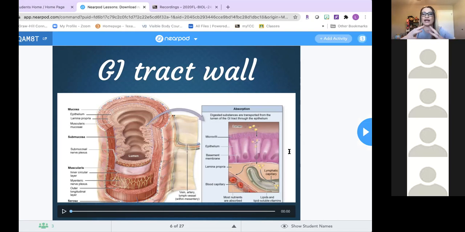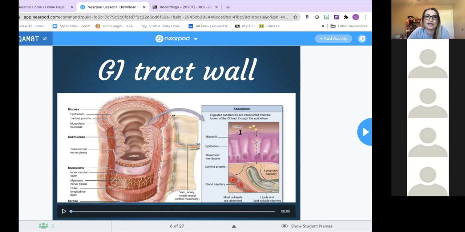So we'll see that when we look at the small intestine specifically. When the muscularis mucosae contracts, it's basically going to squeeze the gland, and squeezing it is going to help expel the secretions out into the lumen.